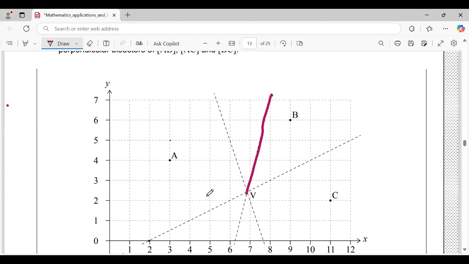The first edge, the second edge. Not that one, sorry. I mean the second edge is this one. It's supposed to be, no, sorry, wrong. Supposed to be this one.